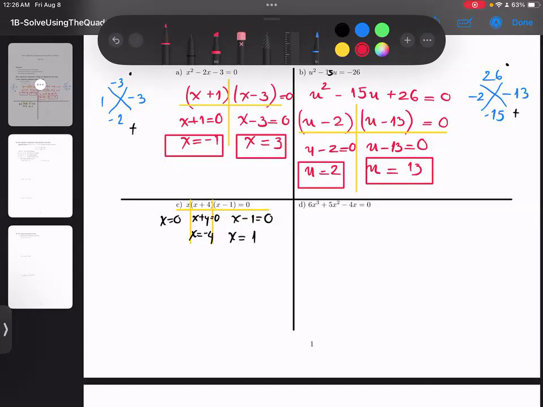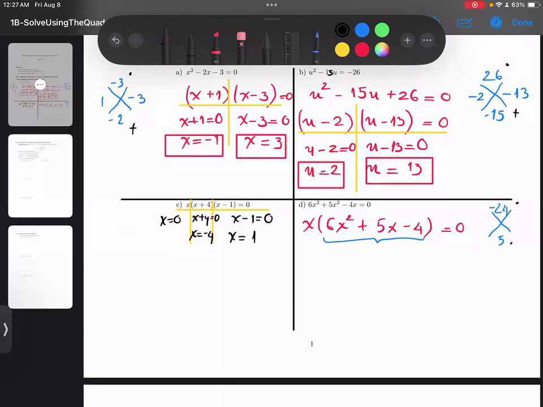What remains is 6x squared plus 5x minus 4 equals 0. I'm going to attempt to factor this as well. So again, AC method. You've got to use the AC method. Two numbers multiply to negative 24 and add to 5.